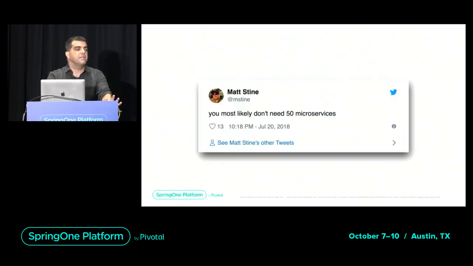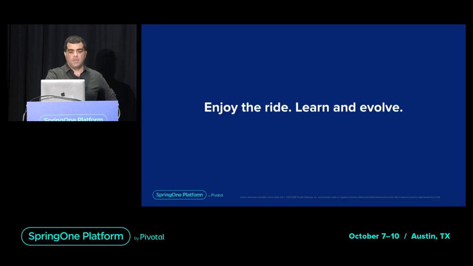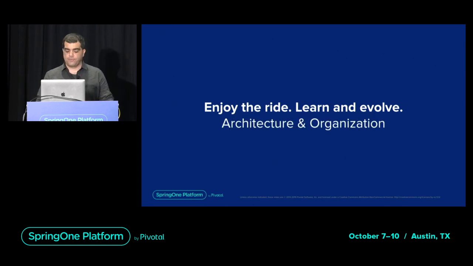Because you most likely don't need 50 microservices. You have to really set expectations and start small and grow as needed. And lastly, enjoy the ride, learn and evolve both your architecture and your organization.